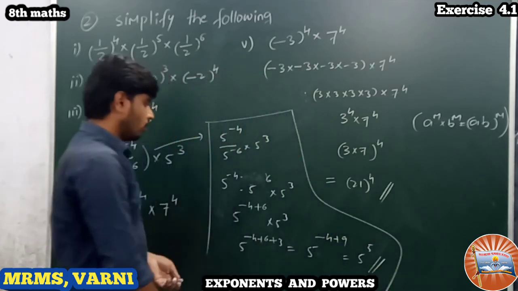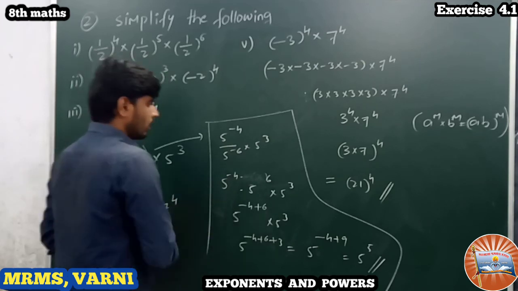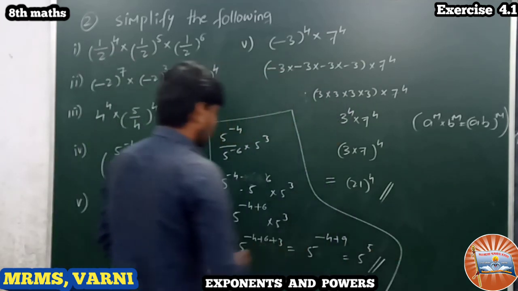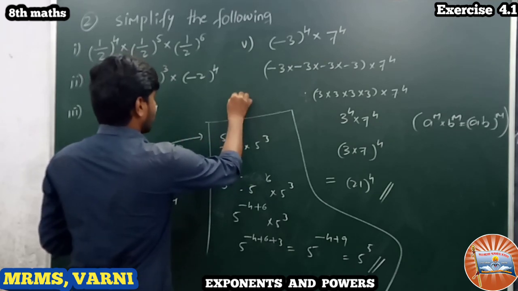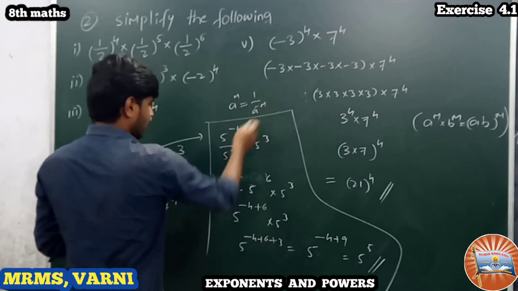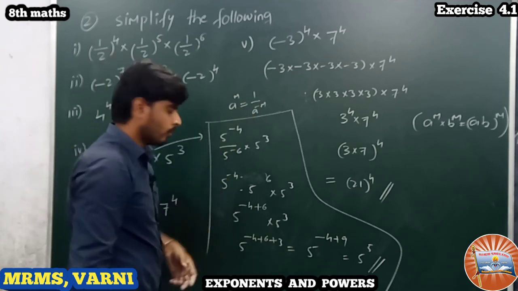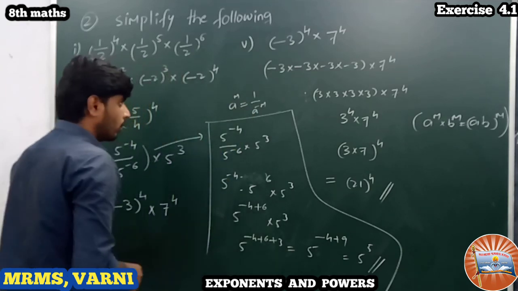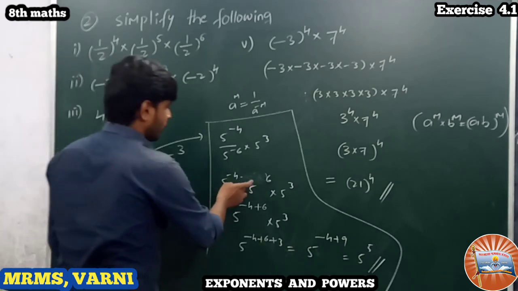Okay, so which formula have I used here? Nothing but a power m is equal to 1 by a power minus m. I have applied this here.